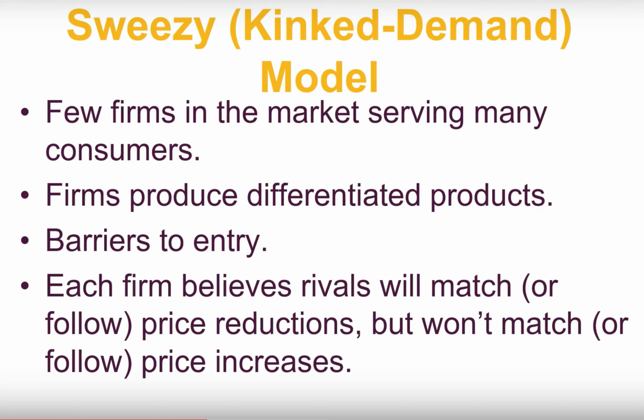And now, this is critical, each firm believes that rivals will match price reductions, but will not match price increases. So if a firm raises price, rivals say, go ahead, raise price, because when you raise price, I'm going to steal your customers because you're making your product less attractive relative to mine. But if your rivals lower price, they're going to match those price cuts because they want to protect their market share.